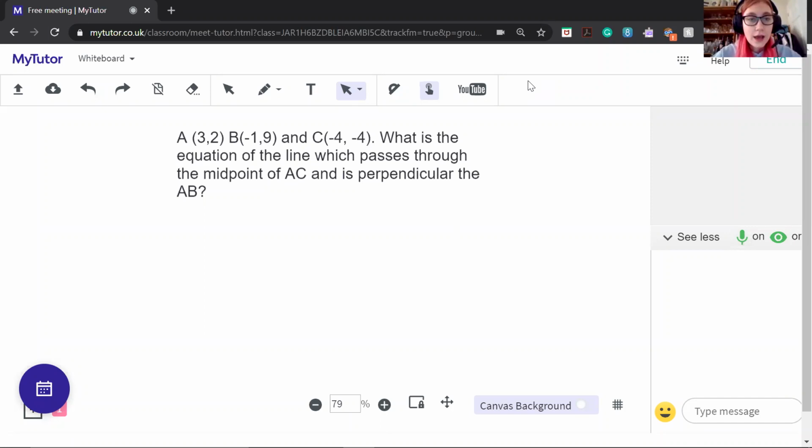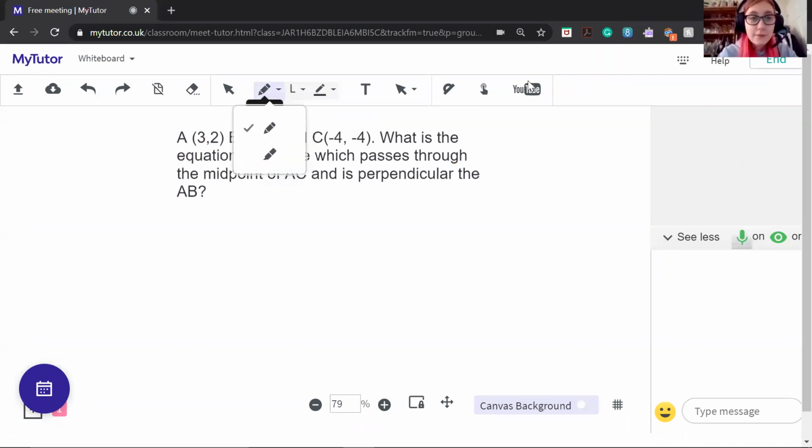So let's first of all think about the gradient. Well, it's perpendicular to the line AB. So we can tell what the gradient is if we know the gradient of AB. So let's do that. We've got our points A and B here, (3, 2) and (-1, 9). If you remember, finding the gradient just from looking at the points without actually having them plotted is the difference in y.